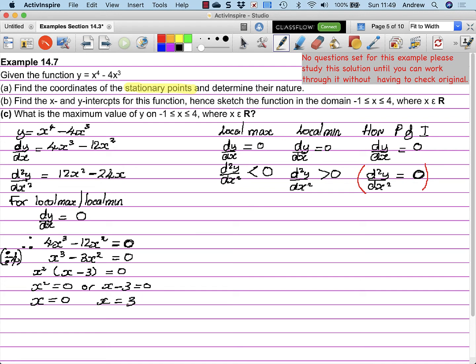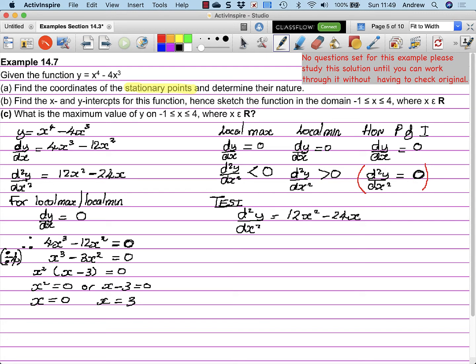What we're going to do now is we're going to determine the nature. If we're determining the nature, we're going to be using the test function, and the test function is going to be the d2y by dx squared. And the d2y by dx squared is 12x squared minus 24x.